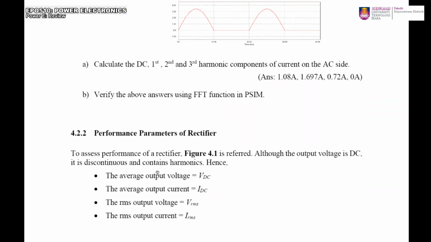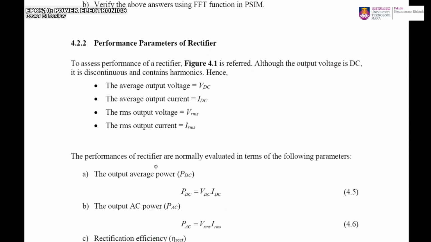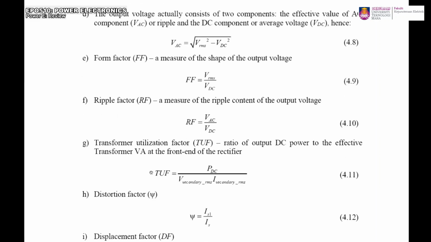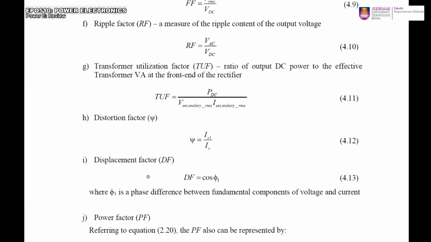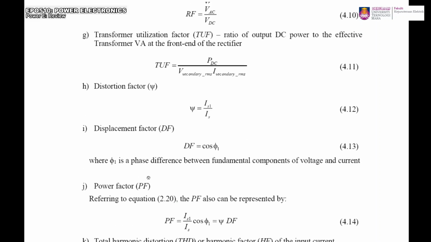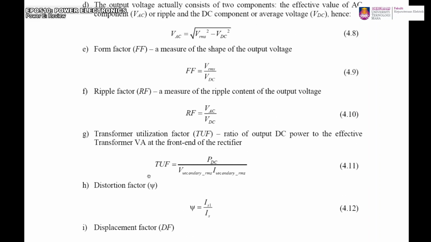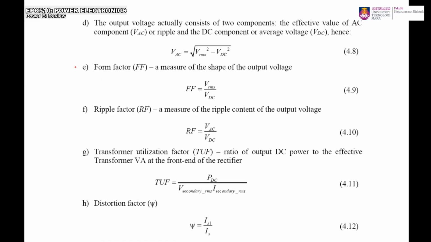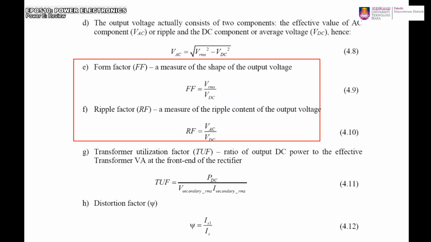Okay, and then we go to the performance parameters. So look back at all this: power factor, displacement factor, and the form factor. These two are also important: form factor as well as the ripple factor.